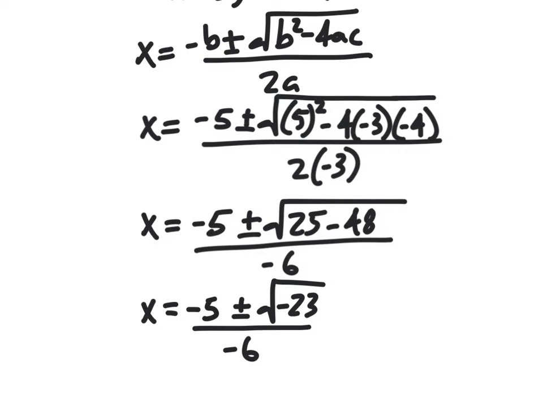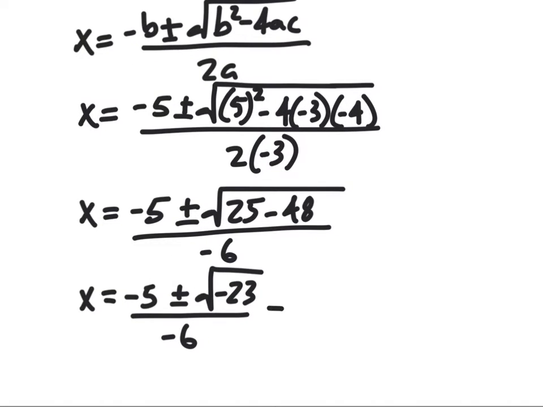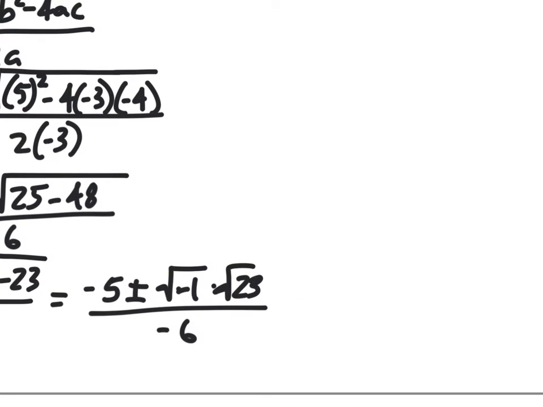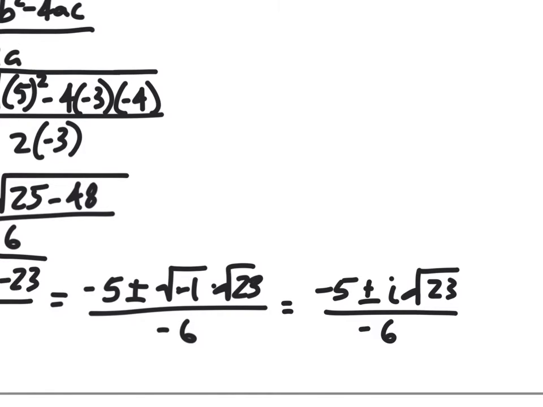Now the issue is that we have a negative underneath our square root. So I'm going to rewrite this as negative 5 plus or minus the square root of negative 1 times the square root of 23, all over negative 6. When I evaluate this, I get negative 5 plus or minus i times the square root of 23, all over negative 6.